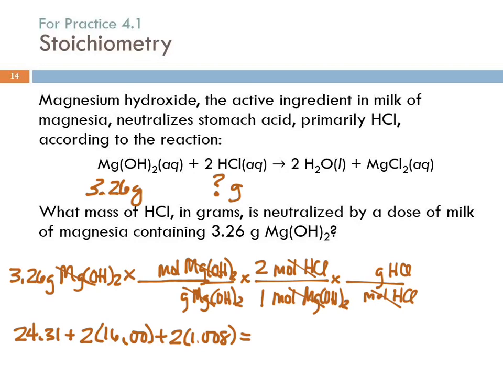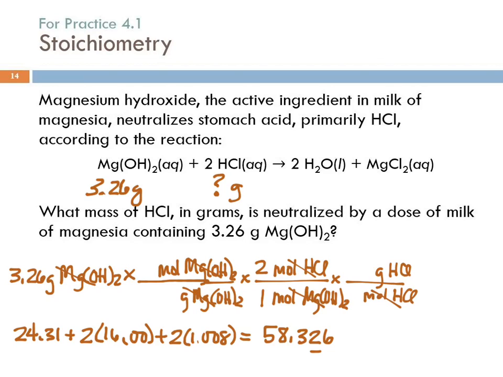Sometimes if you're just thinking it and punching it into your calculator, you can accidentally skip an element and come up with the wrong mass. So 24.31 plus 2 times 16 plus 2 times 1.008. 58.326. Anybody else get that? Yeah. Okay. 58.326, and that would have 4 sig figs.